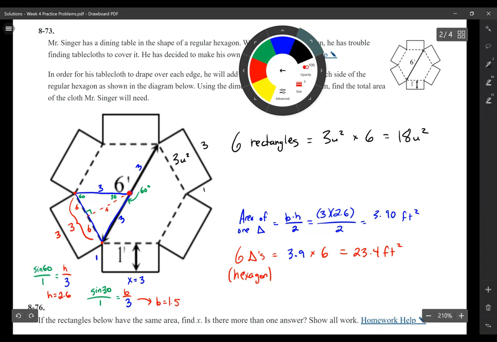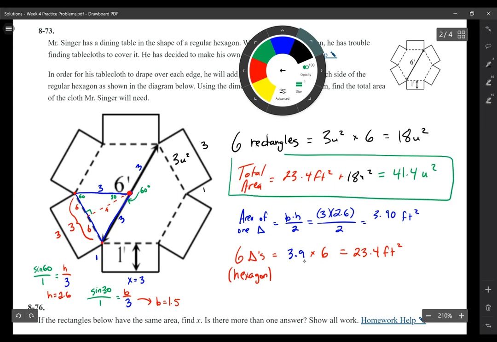So for the entire area, let's call it total area, it's going to be equal to that 23.4 feet squared plus 18 units squared, which gives us a final answer of 41.4 units squared. And that is our final answer right here.